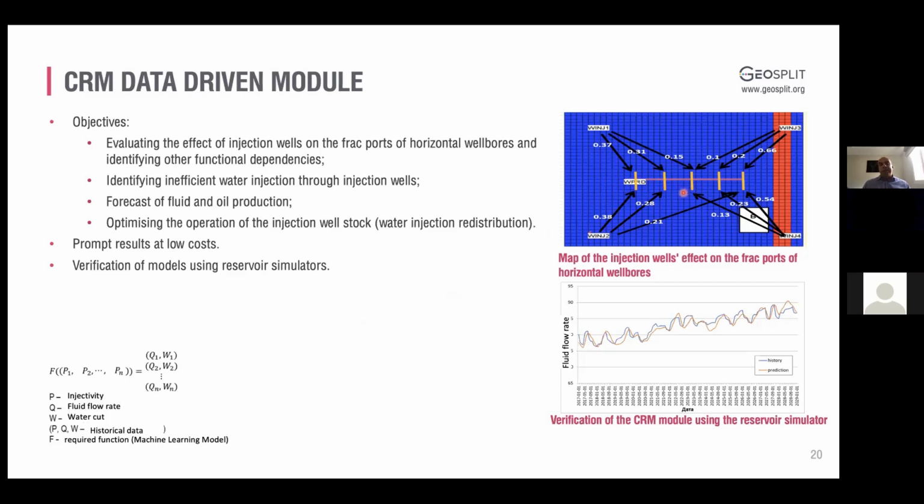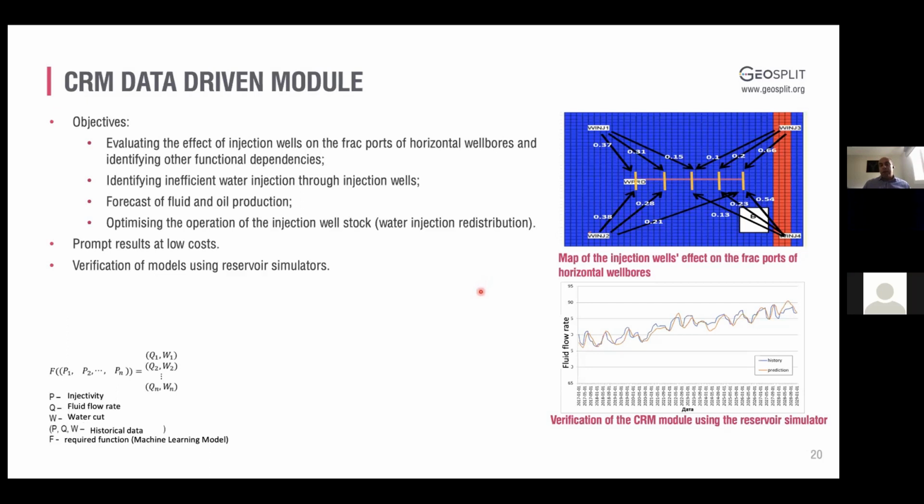As I mentioned, such models don't carry better accuracy compared to the existing physical models, but they are much faster and more efficient for creating different scenarios for better decision making.